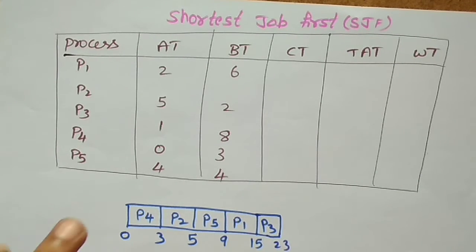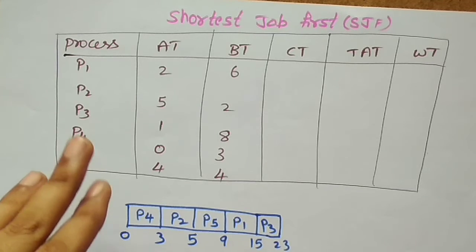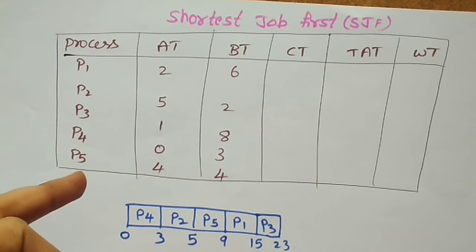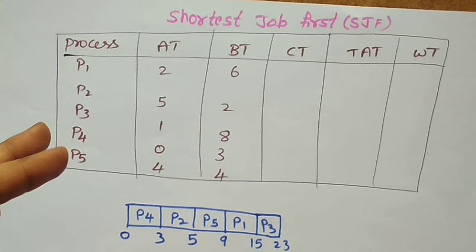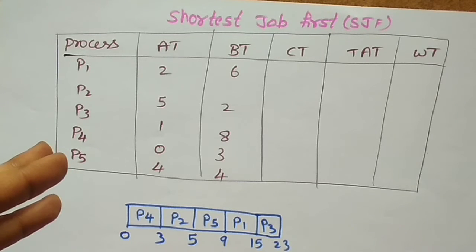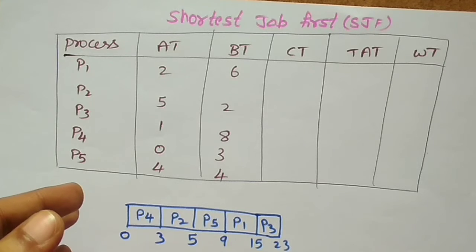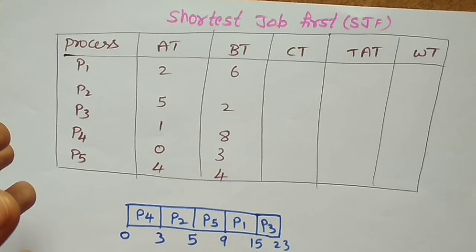Like this, we have executed all the processes. Here there is no starvation, because every process is executed with a small amount of execution time. The smaller process executes first, and then the lengthier process executes.